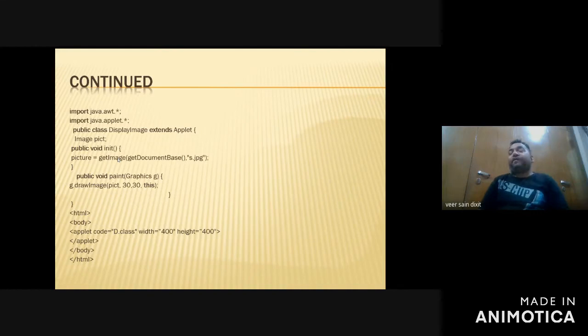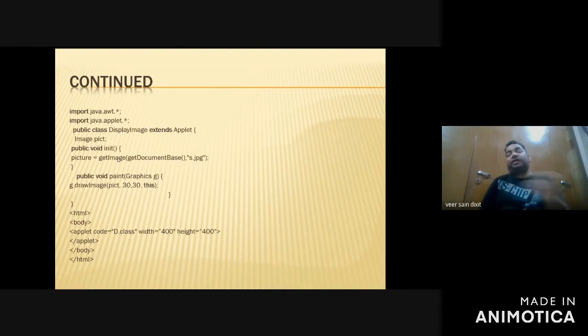I told you what is the difference between the init method and start method, the difference between the start and stop method, and the difference between the paint method and repaint method. The repaint method internally calls update. Whenever you refresh your web page or minimize, the stop method is called.